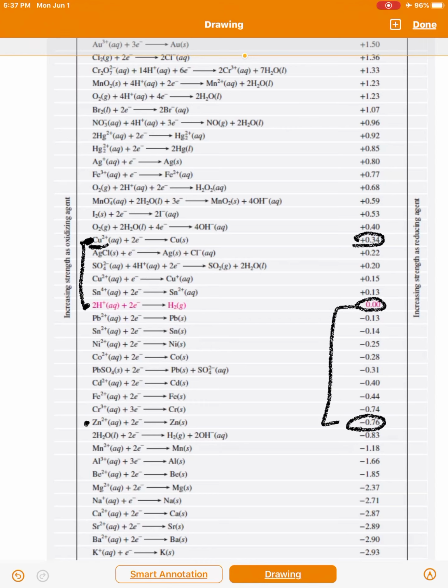I said copper 2 for a reason, so we know it's that one, but not this one. So that's 0.34. The zinc, I've already put that over here, negative 0.76. So which one's higher? The copper's higher, right? So that means the copper's going to be the cathode, and the zinc is going to be the anode. It's that easy, right? The one that is higher up in the table is the cathode, the one that's lower down is the anode.